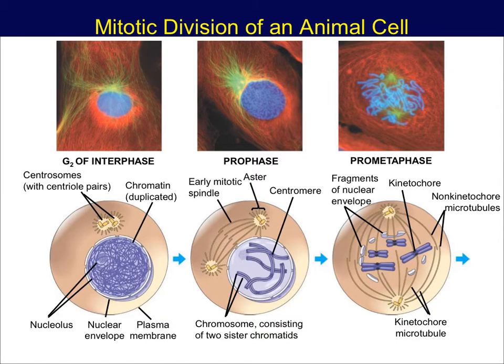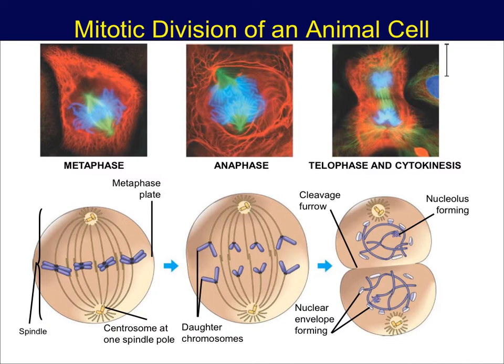And then prometaphase, these kinetochores are attached to these microtubules right here. And then they're starting to be pulled apart. And then finally, the pairs of chromosomes are all lined up along the metaphase plate.